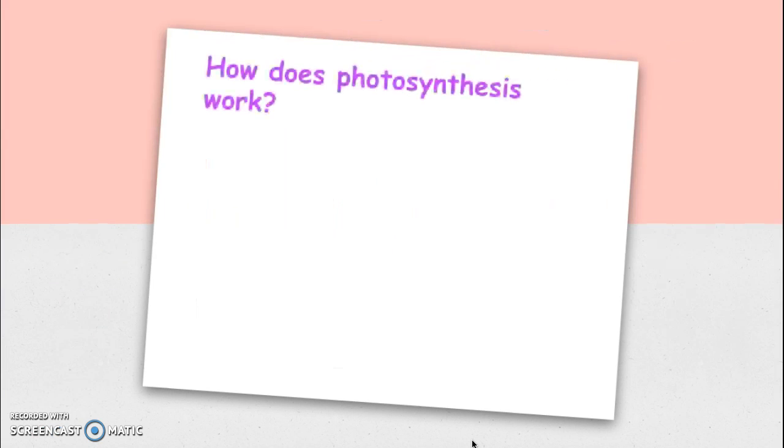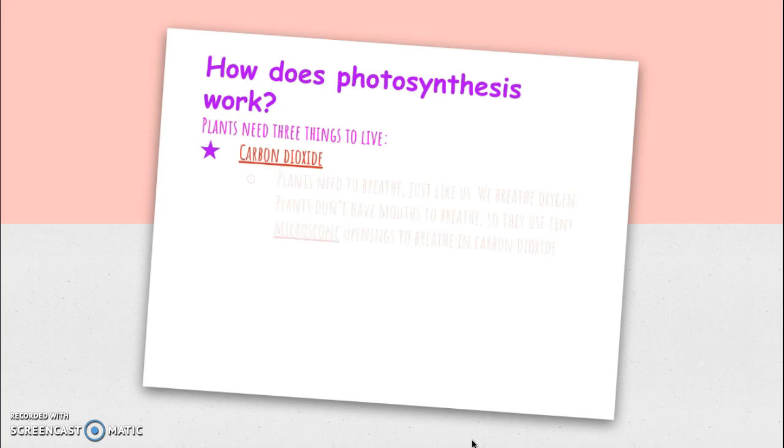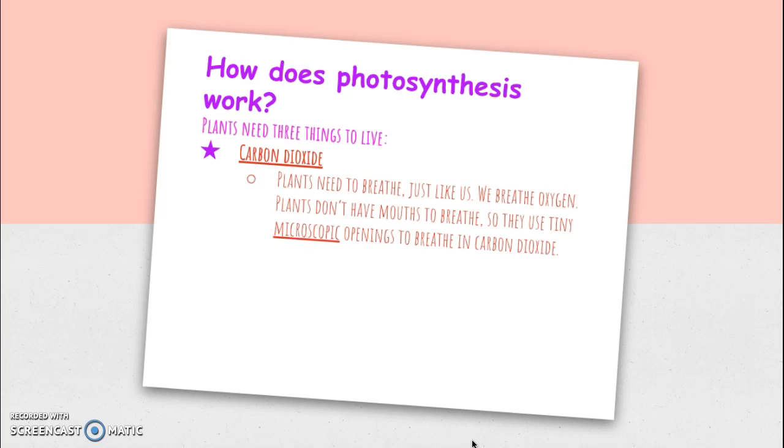All right, so now let's talk about how photosynthesis works. Plants need three things to live. Who knows what three things plants need? What is one thing plants need? Okay, good. Yes, plants need carbon dioxide. And carbon dioxide is used for plants to breathe.